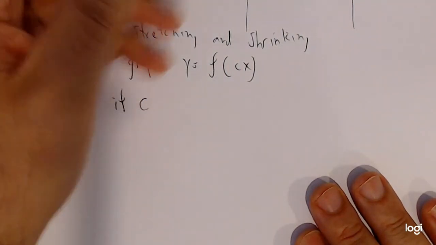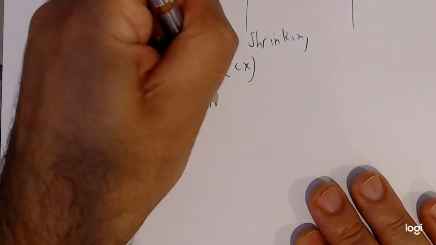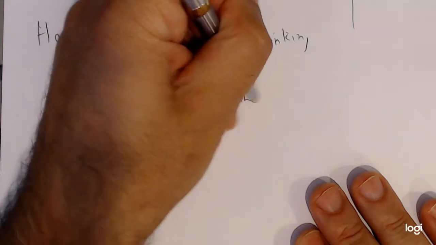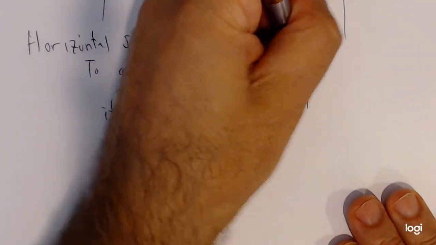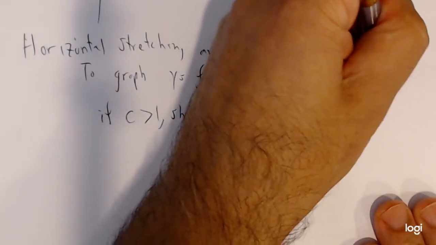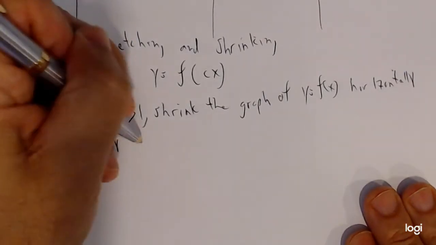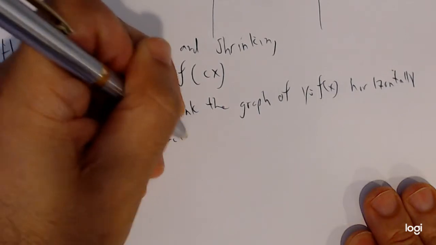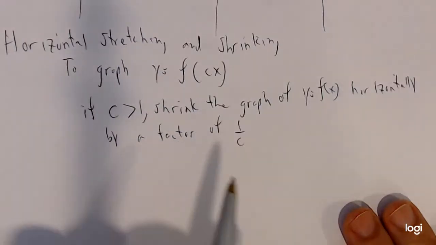If c is greater than 1, then we shrink the graph of y equals f of x horizontally by a factor of 1 over c.